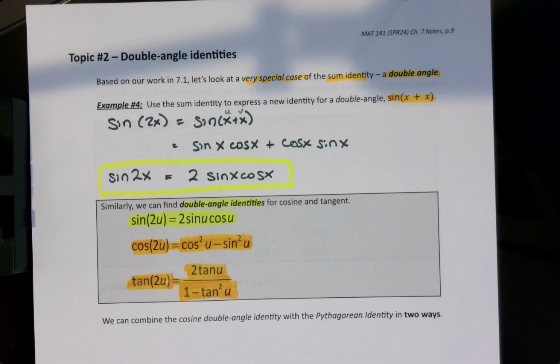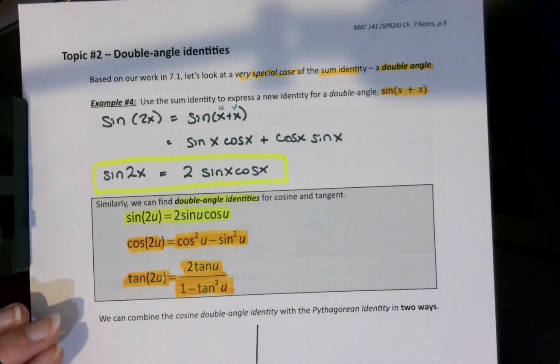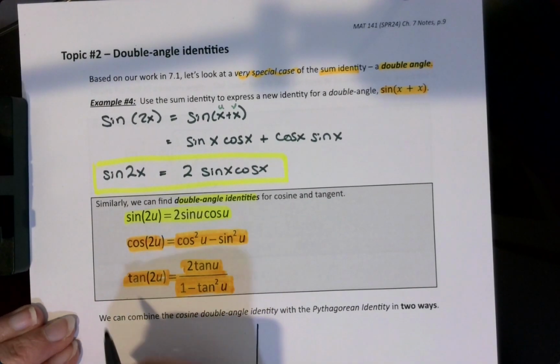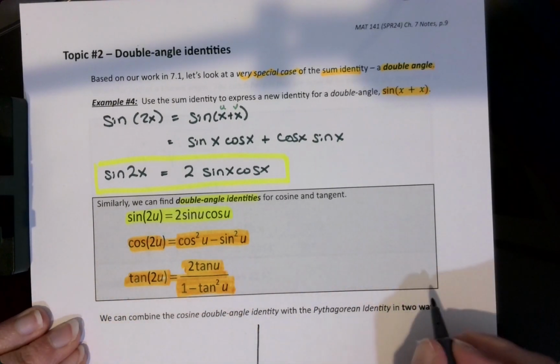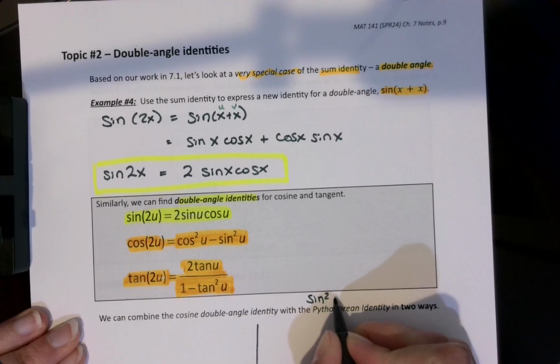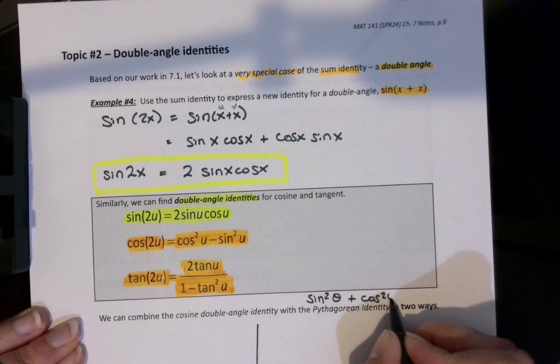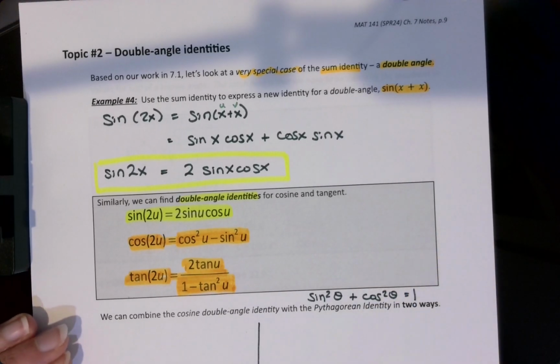The cosine double angle identity can be combined with the Pythagorean identity in 2 different ways. So remember that the Pythagorean identity says that sine squared theta plus cosine squared theta is equal to 1.